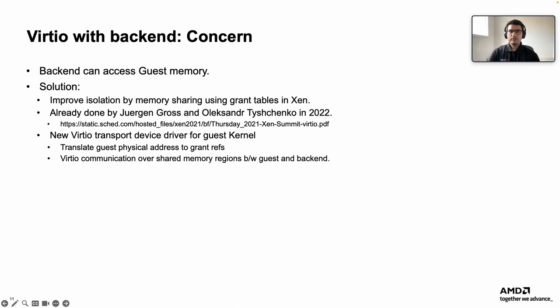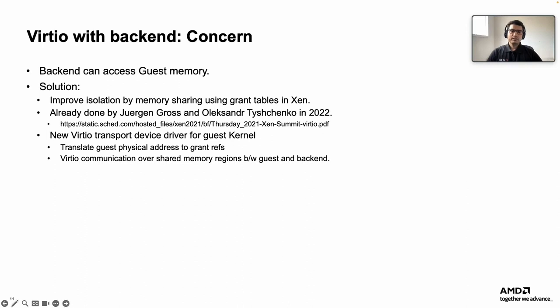The solution to avoid this was to improve the isolation by sharing the memory using grant tables in Xen, and this was done by Jürgen and Alexander in 2022. What they did was introduce a new VirtIO transport device driver for the guest kernel, which translated the guest physical addresses into grant references.